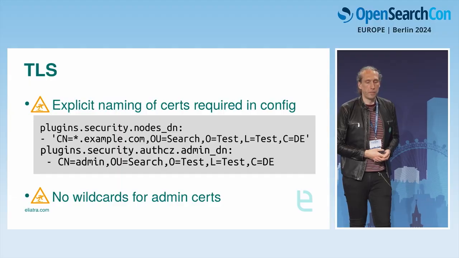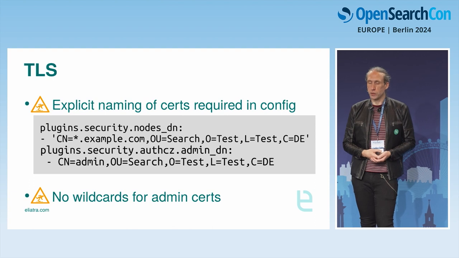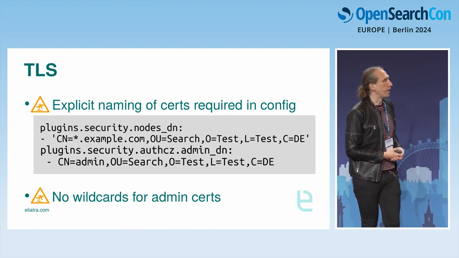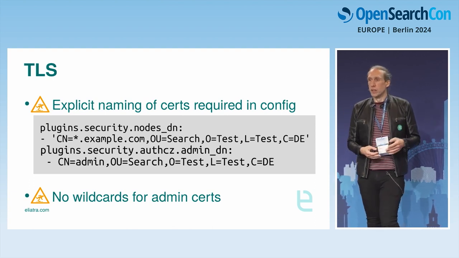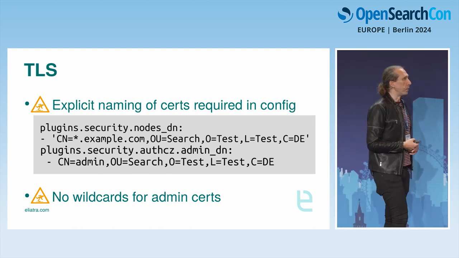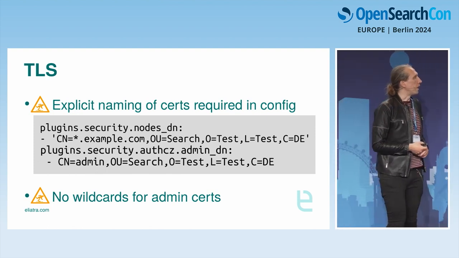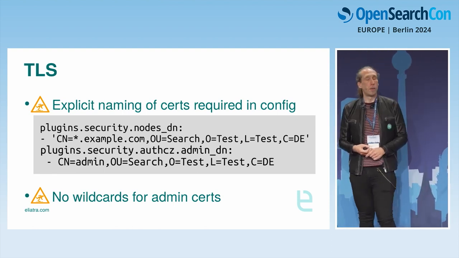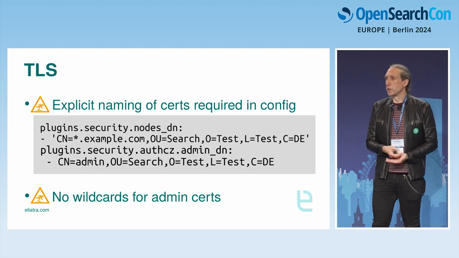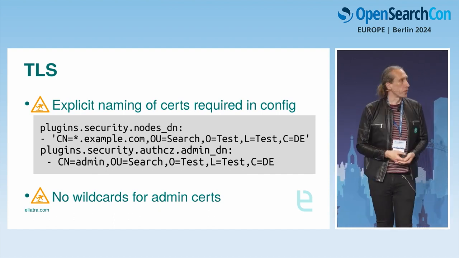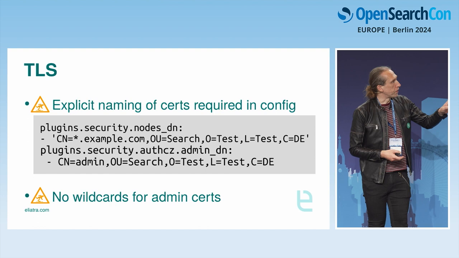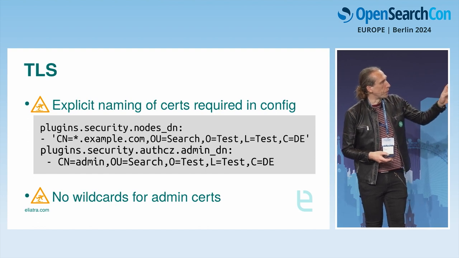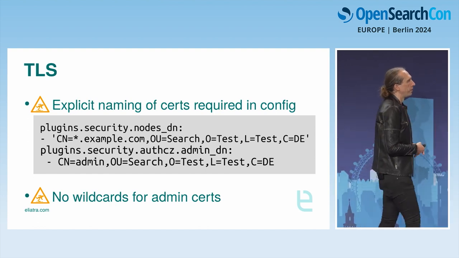Also, one thing people might not expect in the beginning is that in the OpenSearch config, you need to explicitly name all the certificates, or not all, but many certificates you will be using. So you need to name the distinguished names of the certificates you will be using for the internal communication of the nodes. This is kind of like example.com, OpenSearch, Test, blah, blah, blah.